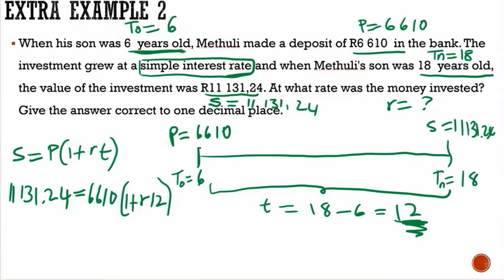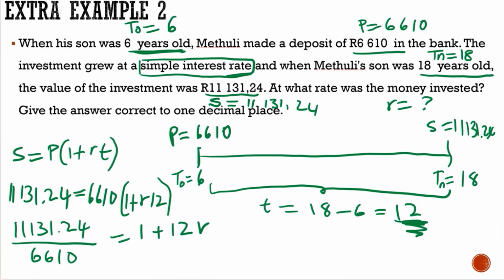You can just do the calculation as we've done on the previous one, making R the subject of the formula. So now here you can have 11,131. I'm going to be doing this so that I can help those who have done their maths in 2009 to remember how this was done.